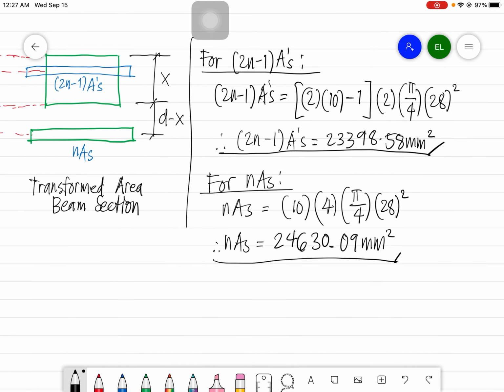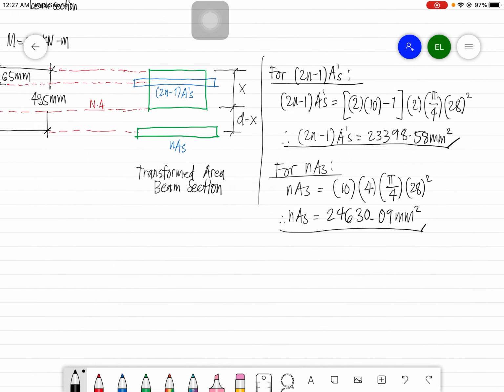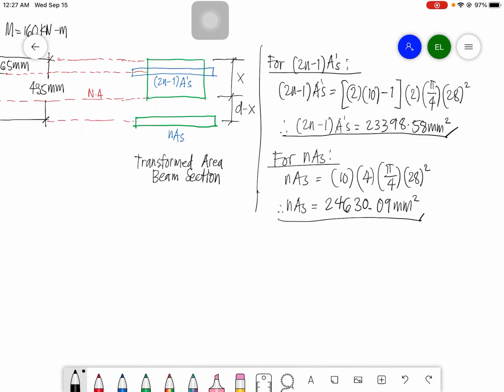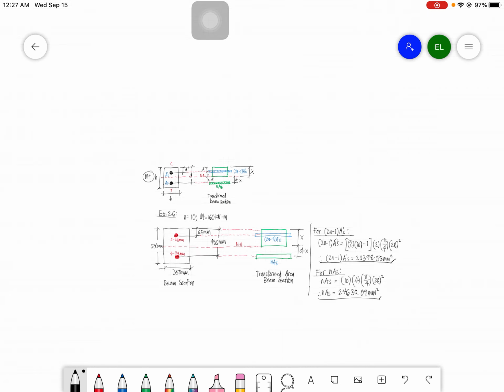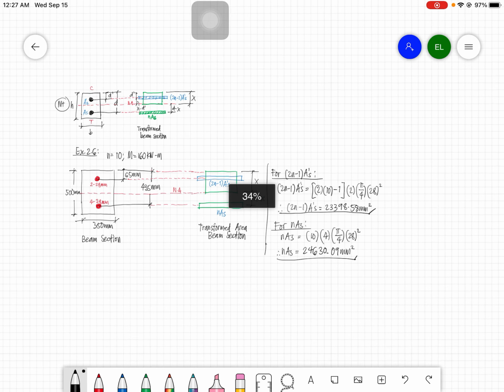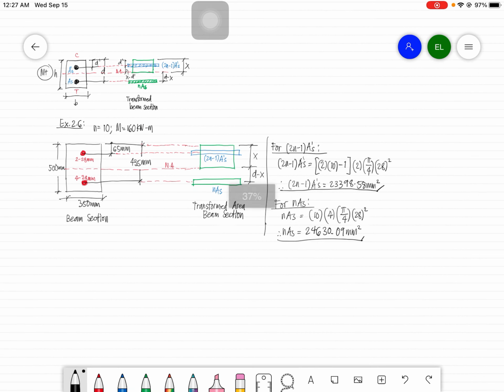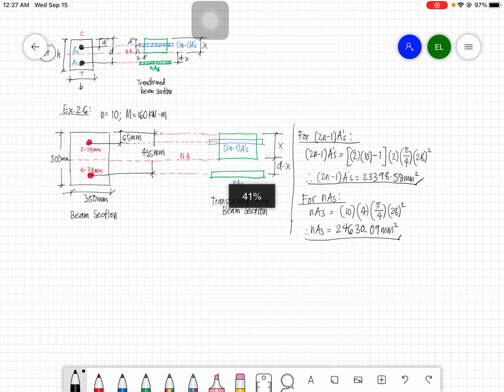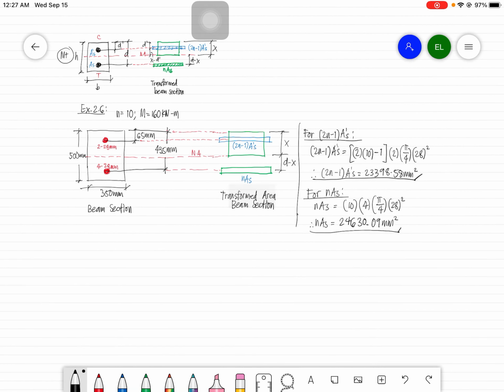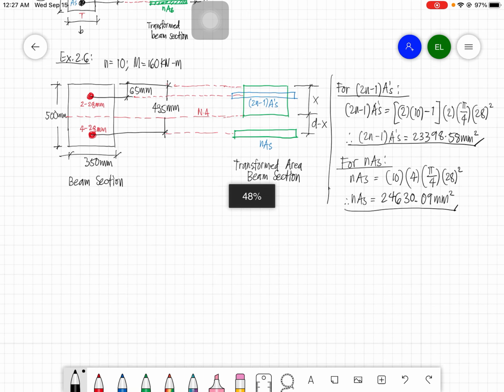Okay, so that is for our nAs. I hope it's clear already, for the values of the fictitious concrete area for the compression steel and for the tensile steel.